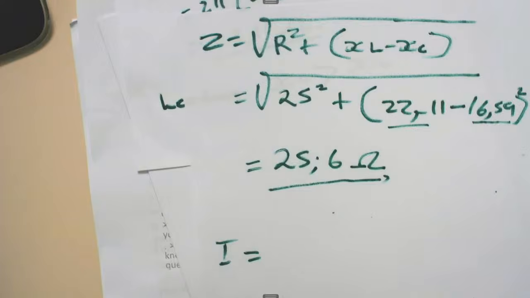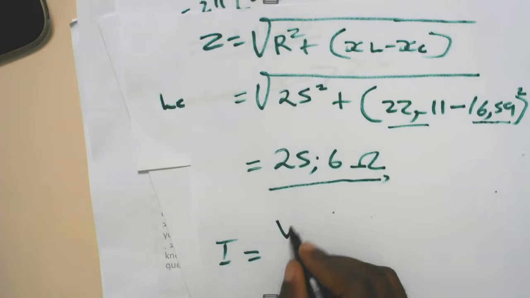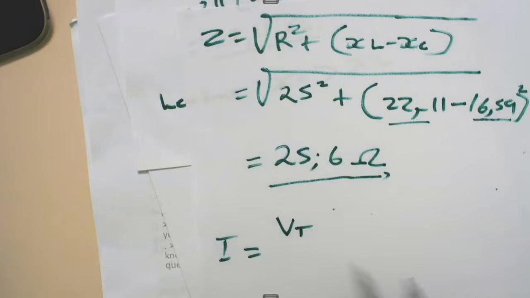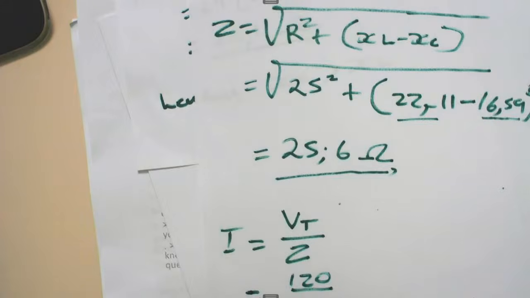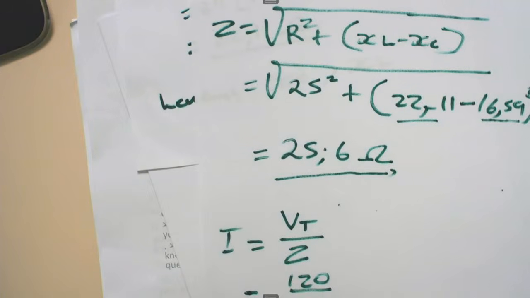So our formula has to be VT, our total supply voltage, over Z. So in this case we'll just substitute there. Our VT, as has been said, is 120 over Z, which is 25,6, which will give us 4,69 amps.